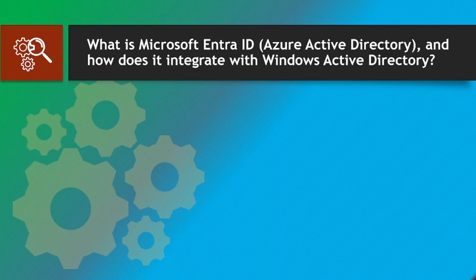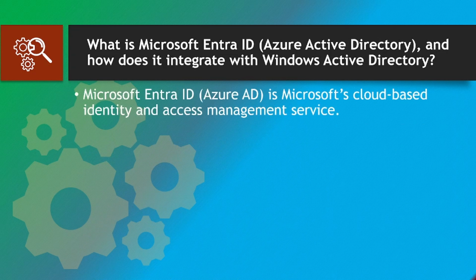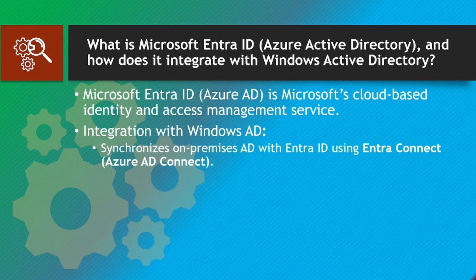The first question is, what is Microsoft Entra ID, Azure Active Directory, and how does it integrate with Windows Active Directory? Microsoft Entra ID, Azure AD, is Microsoft's cloud-based identity and access management service, which we all know by now. Then, integration with Windows AD or on-prem AD: how can we achieve that? Synchronize on-premises AD with Entra ID using Entra Connect, which was known as Azure AD Connect.